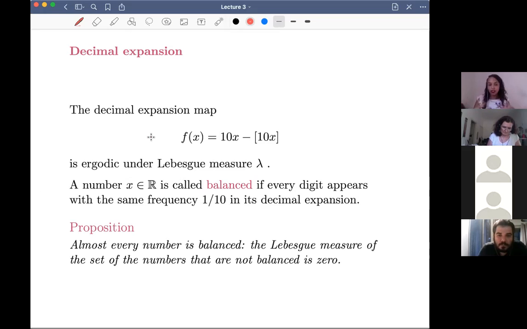So the Lebesgue measure of the set of balanced numbers is 1. The complement of the set of balanced numbers has zero measure with respect to Lebesgue. For proving this, we use Birkhoff's ergodic theorem, and we will relate the time that the point spends in the set with ergodicity.